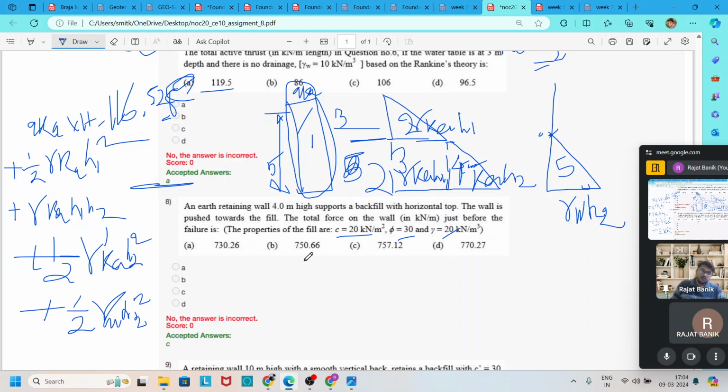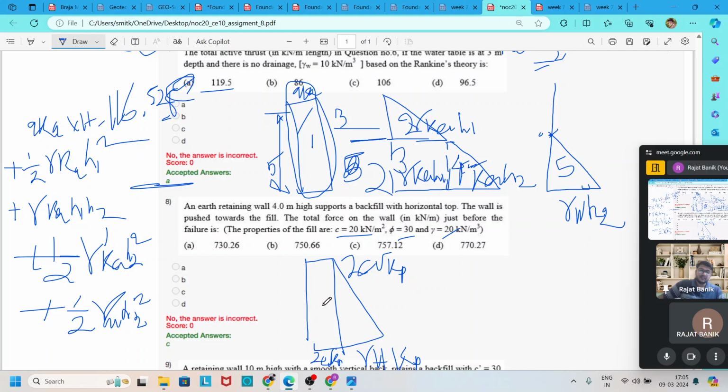So for a C-phi soil in the passive case, the pressure diagram becomes like this. Above it is 2c root over kp, and below, from here to here, it is the same 2c root over kp, and here it is gamma h into kp.